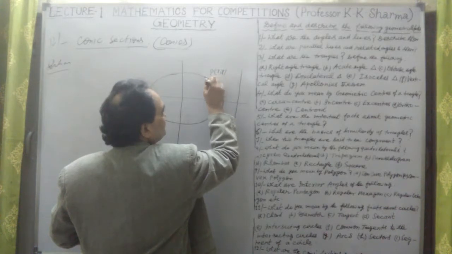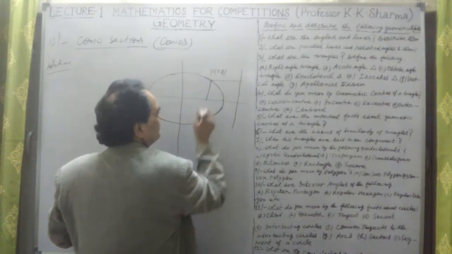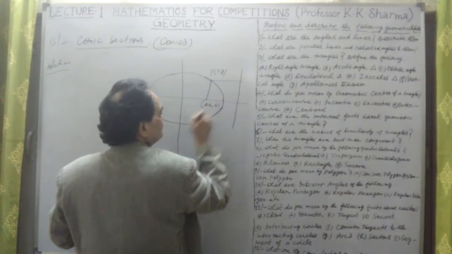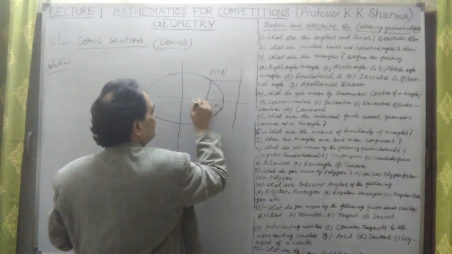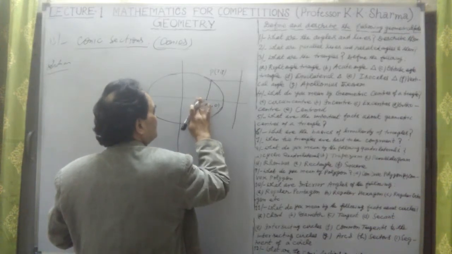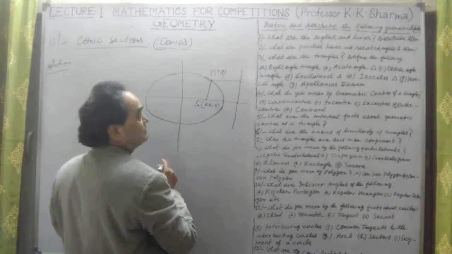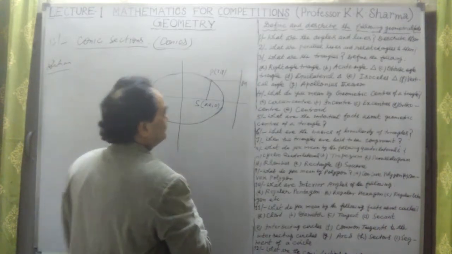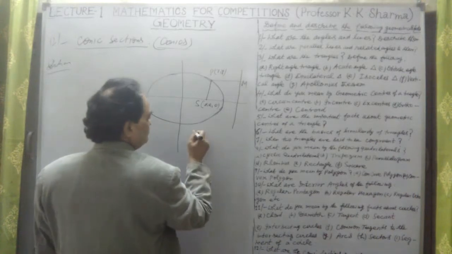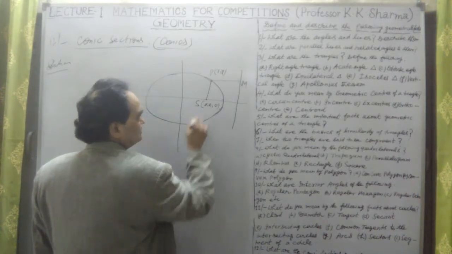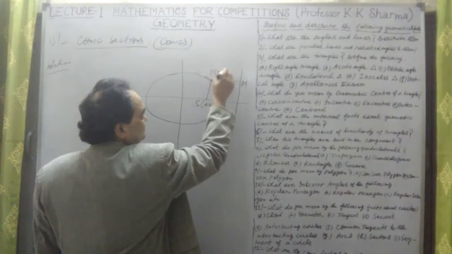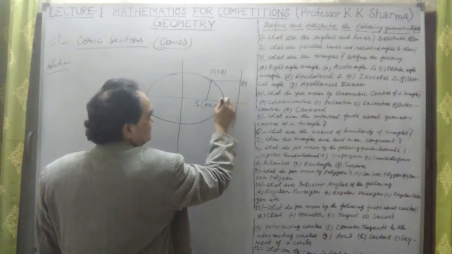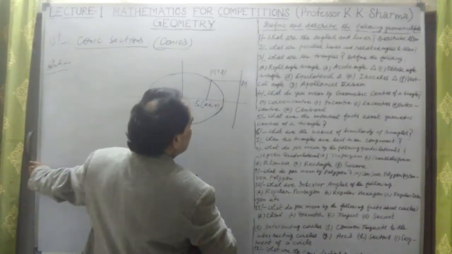From this, a perpendicular is dropped. The coordinates of this point are ae and 0. This is the focus point here. Let me take PS, and this is PM, the perpendicular. So here PS upon PM is equal to e.